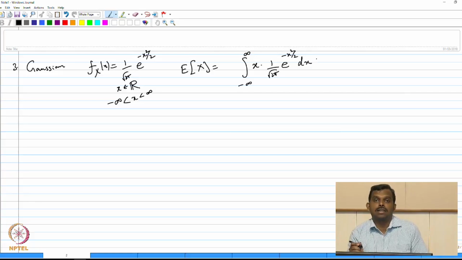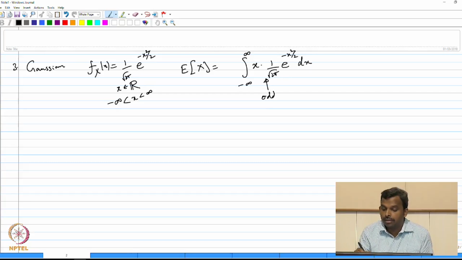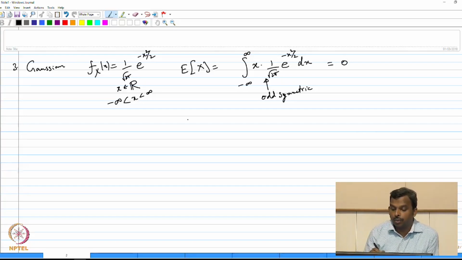The first thing to check is that this integral converges, and I think that's not too difficult to see. The other thing is to check for some symmetry. If you notice, this is odd symmetric, so this integral will actually evaluate to 0. If you have an odd symmetric function and you integrate from minus infinity to infinity and the integral converges, it goes to 0. So that's easy enough to do.